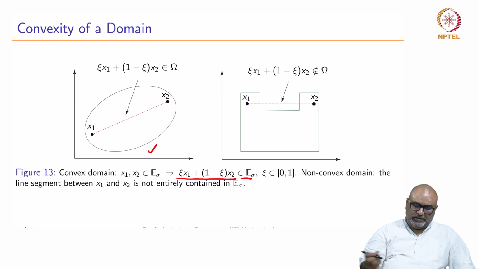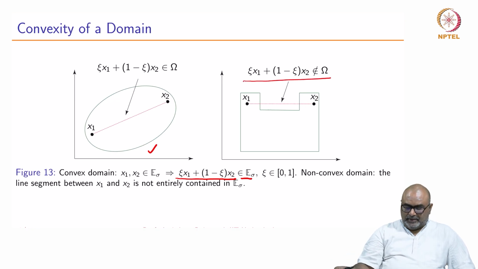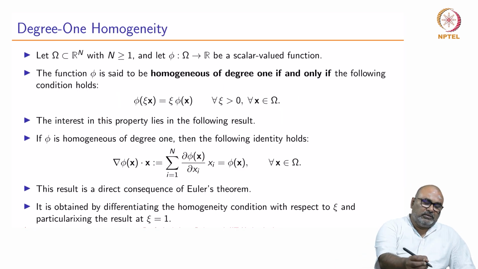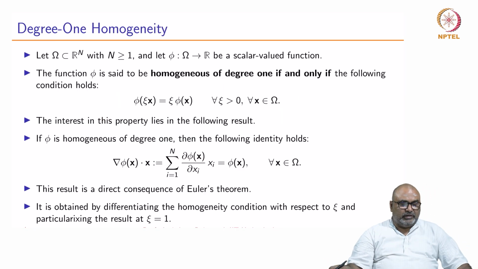So, in the first case it is a convex function, whereas in the second case we have 2 points x1 and x2, and xi of x1 plus 1 minus xi of x2 do not belong to the domain, and the segment between x1 and x2 is not entirely contained inside the domain E of sigma. So, the second case is going to be non-convex. So, the yield function has to be a convex function.